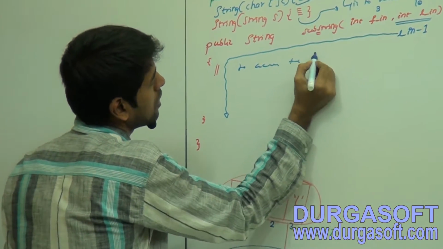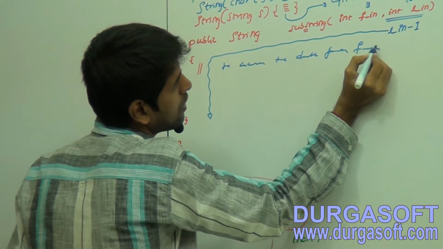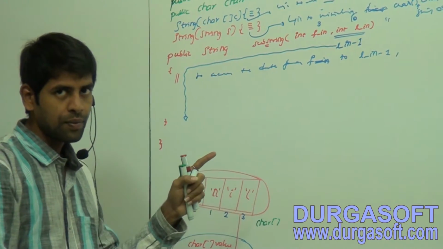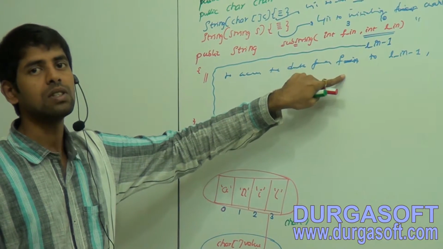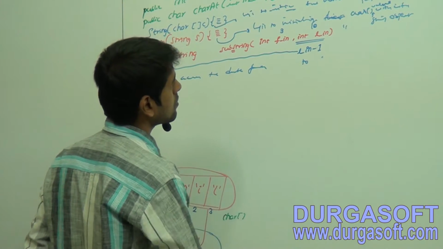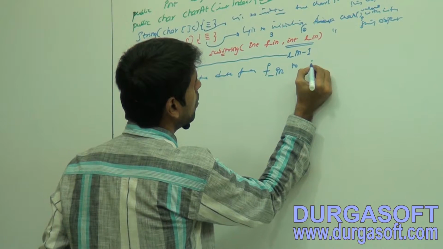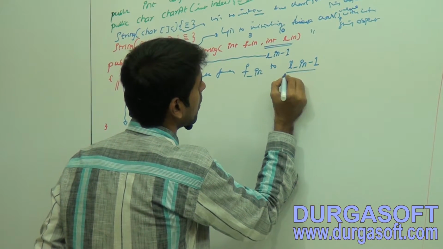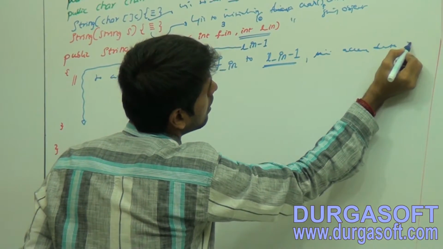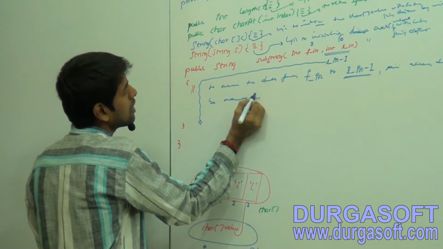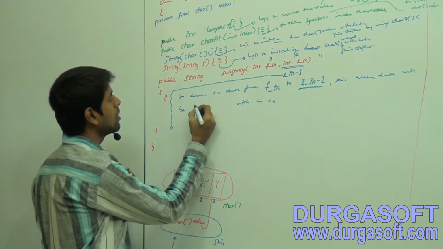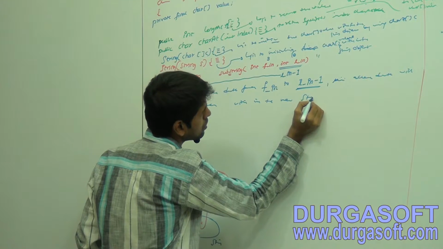To access the data from f, that is the first index, to l minus 1, that is the last index minus 1. And observe here, this accessed data will be maintained, will be written within the new string object.